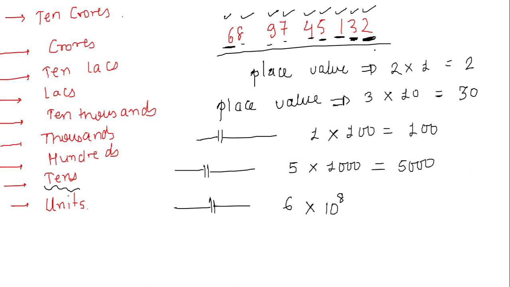So here 6 with 8 zeros, 1, 2, 3, 4, 5, 6, 7 and 8. Okay, 6 with 8 zeros is the place value for the digit 6 in this given value. This is what we have to understand regarding the place value. Okay, please take the screenshot.